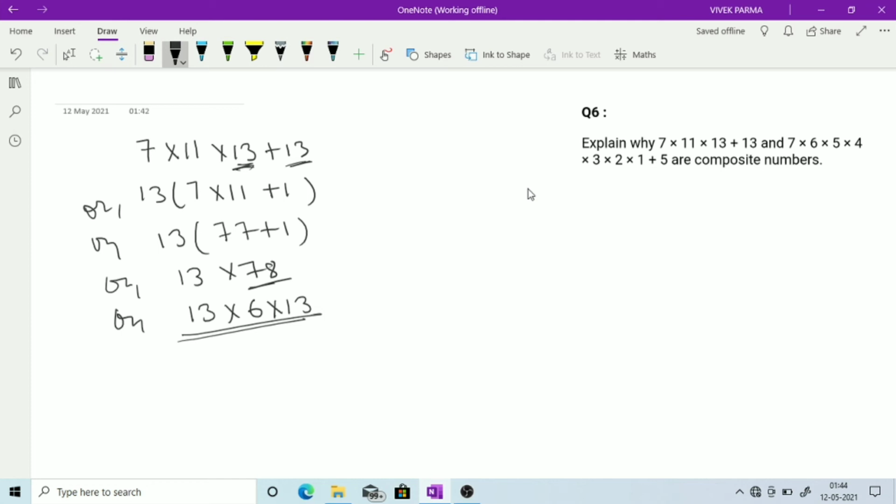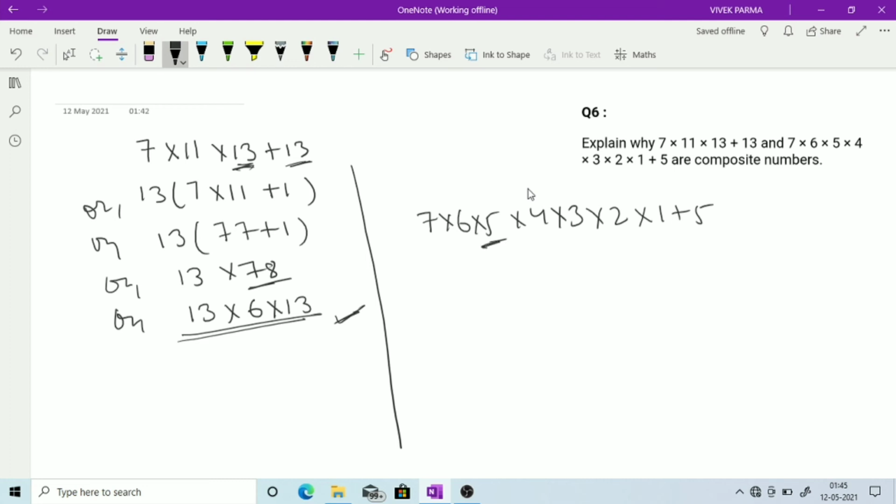It means the given expression is a composite number, right? And for the other expression, 7 into 6 into 5 into 4 into 3 into 2 into 1 plus 5, right?